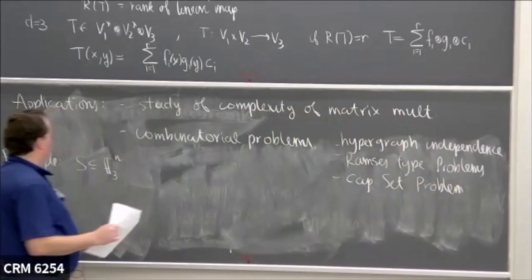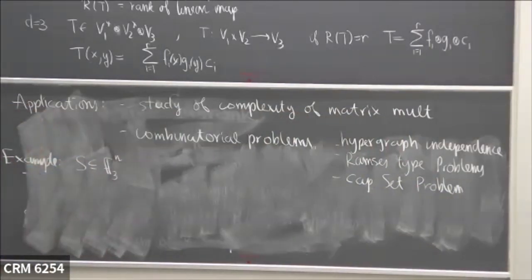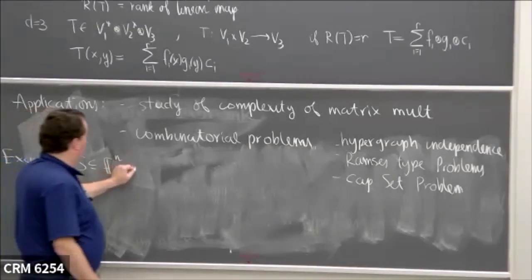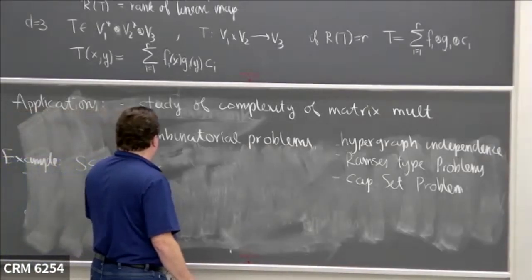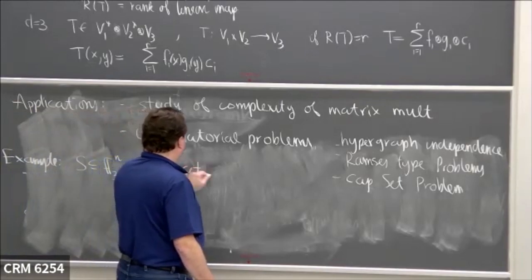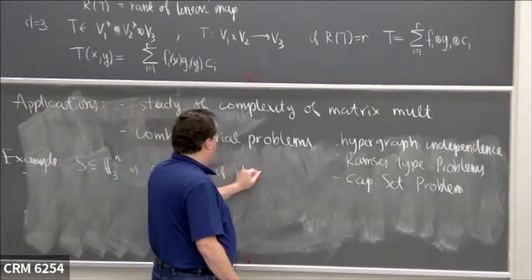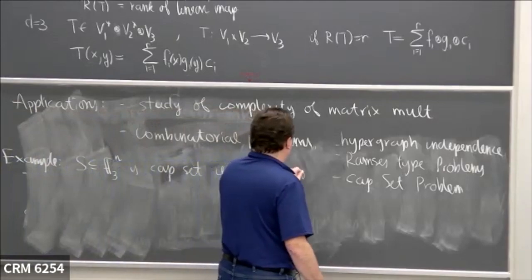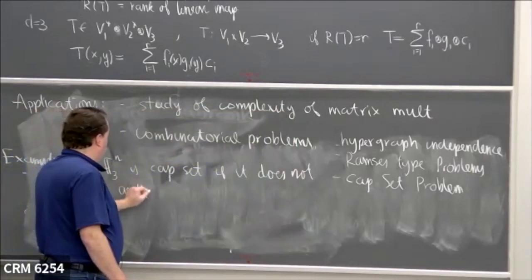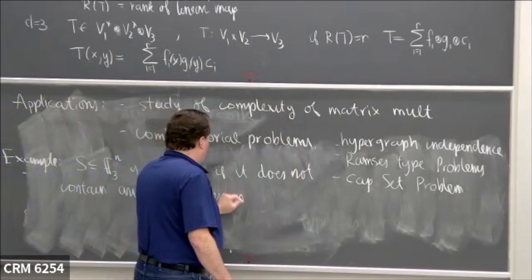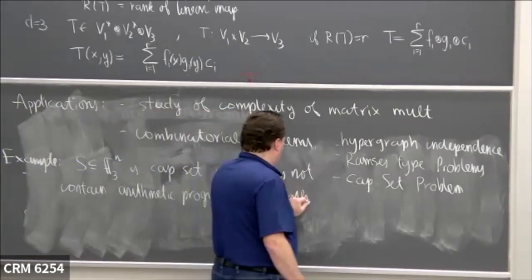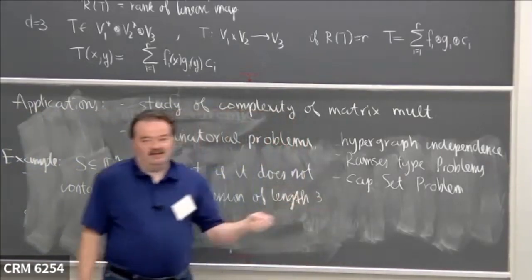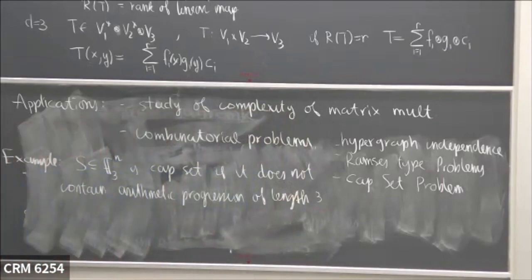It's a problem in, I guess, additive number theory or combinatorics. A subset S is called a cap set if it does not contain an arithmetic progression of length 3, something of the form a, a plus b, a plus 2b.